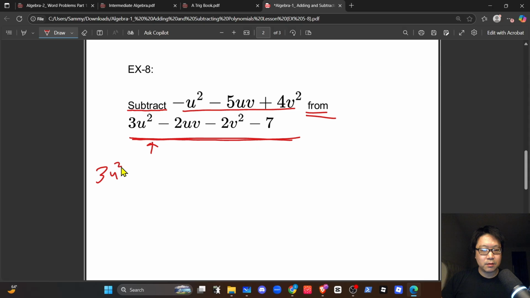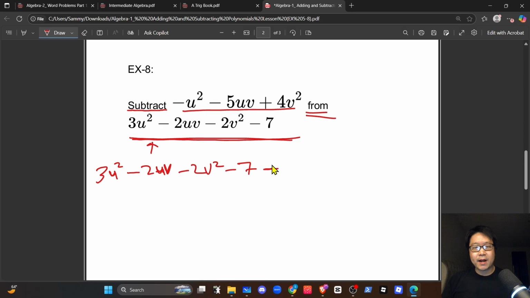So let's write down our problem, 3u squared minus 2uv minus 2v squared minus 7. Okay, and we're subtracting. And here's the part where you have to be careful.